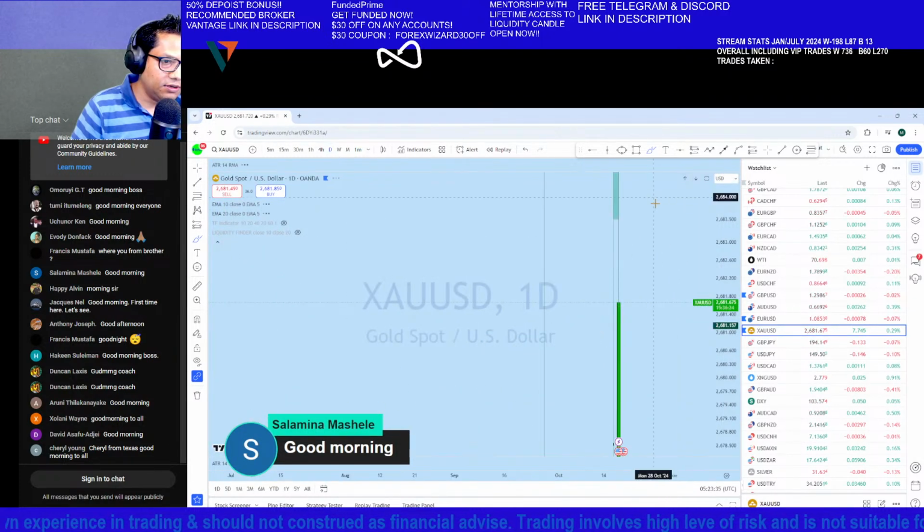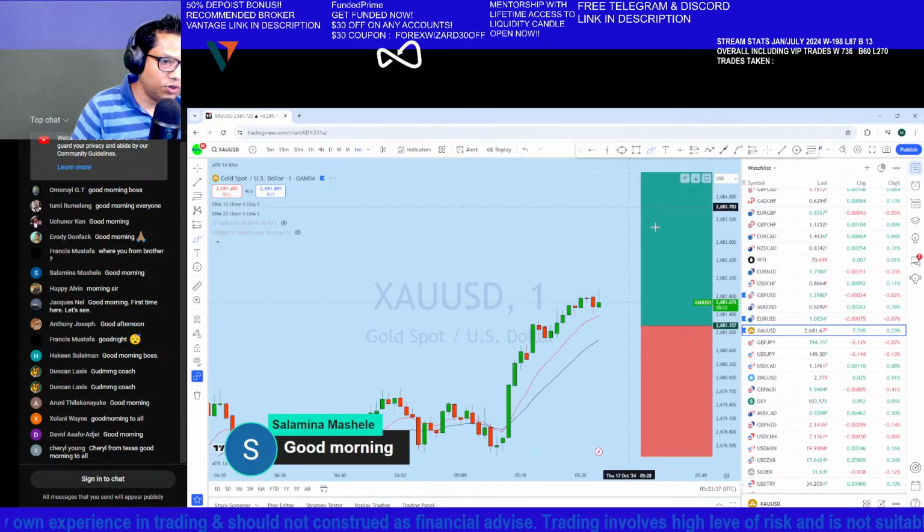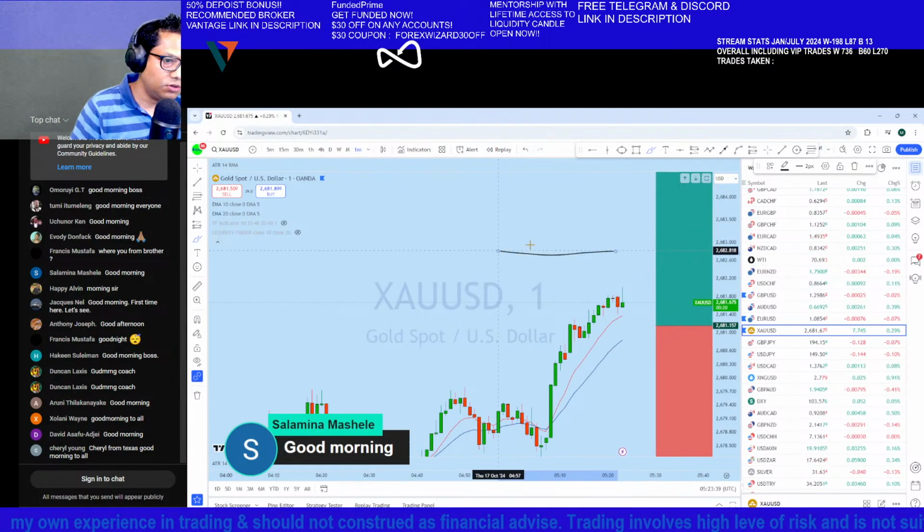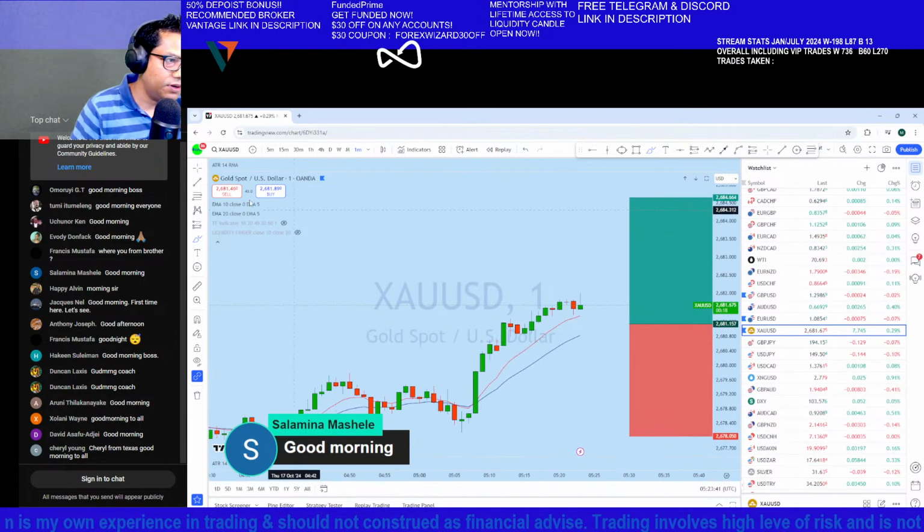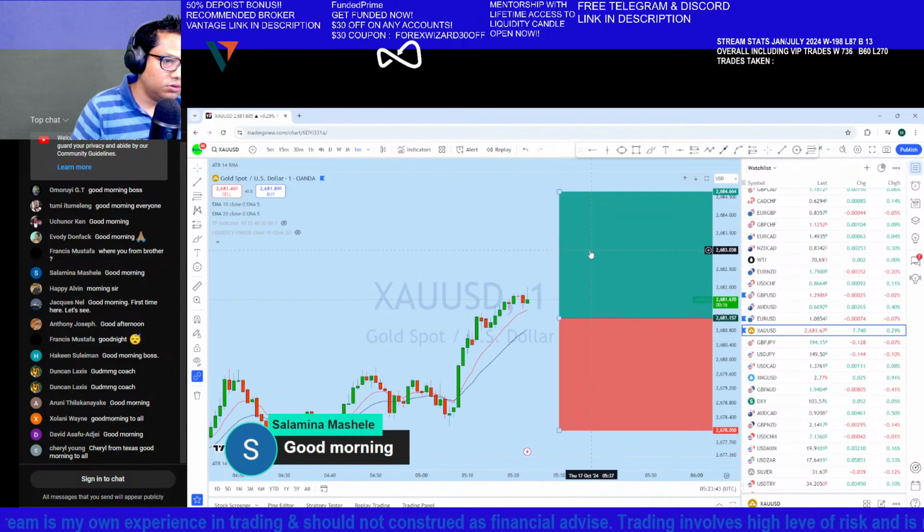If we look at the daily, this is where I'm expecting the market to remain bullish. We'll see how far it might go up depending on the situation.